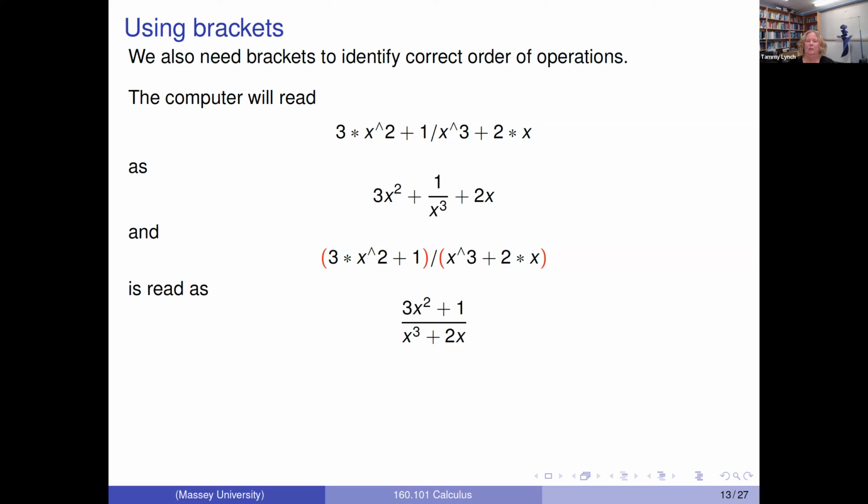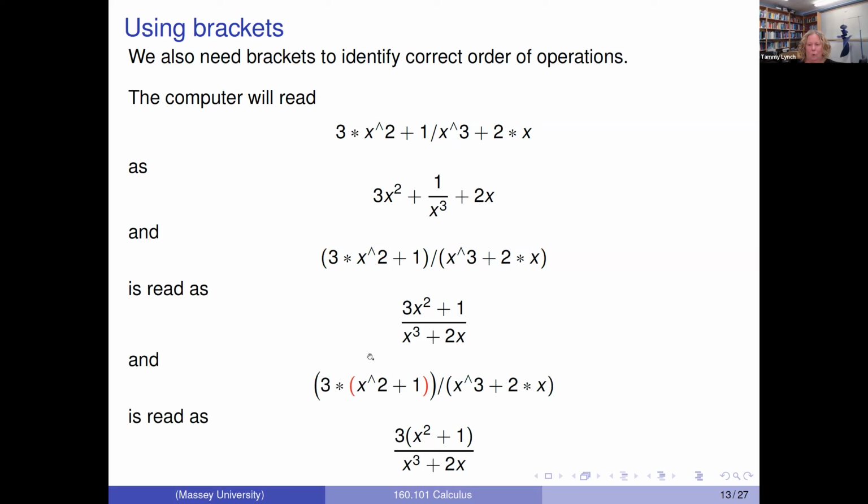So I've got 3 times x squared plus 1, or 3x squared plus 1, being divided by x cubed plus 2x. And that, of course, looks very different to what I had before. So those brackets made a huge difference to how the computer is reading those two expressions.